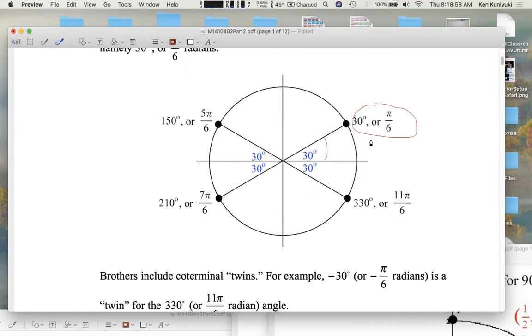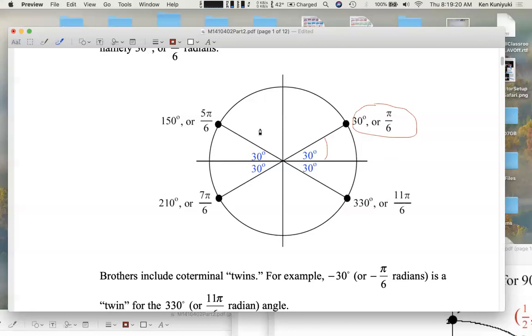This is an acute angle, and the reference angle for any acute angle is itself. The reference angle of 30 degrees or pi/6 is itself, 30 degrees or pi/6. And we know the cosine and sine for this special angle from the table or the unit circle.